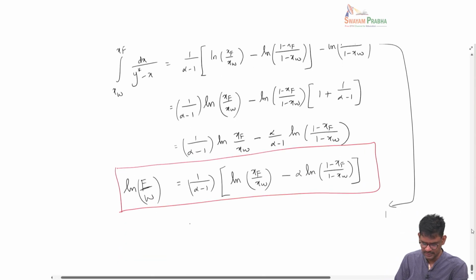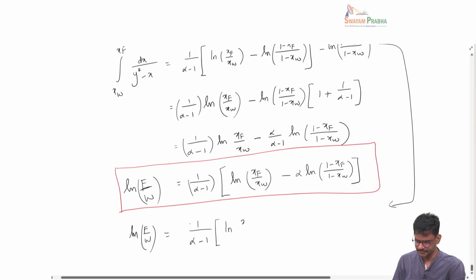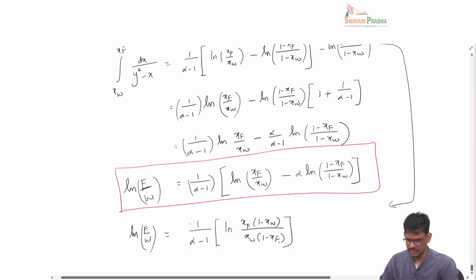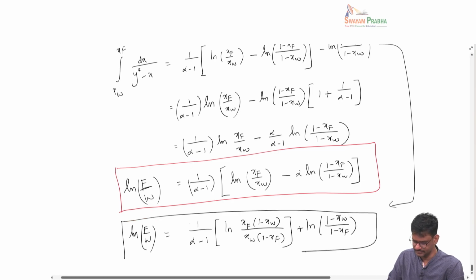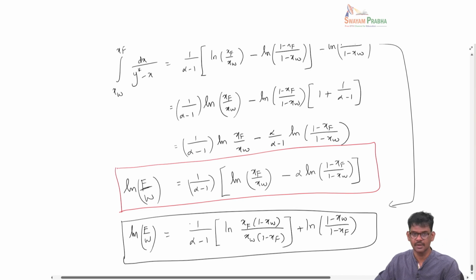So here we have ln of F by W equals 1 by (alpha minus 1) times ln of xF (1 minus xW) by xW (1 minus xF), plus ln of (1 minus xW) by (1 minus xF). So these are basically equivalent forms.